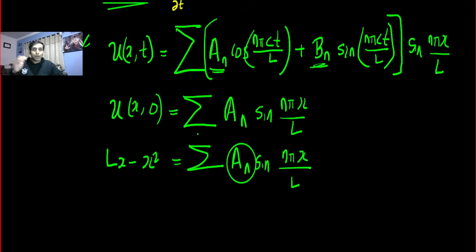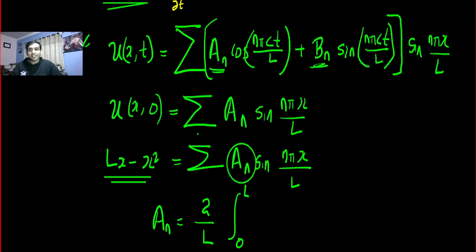In the last problem, things were so easy because the condition itself was in sine. But here, for an, you have to apply the Fourier coefficient formula: 2 divided by L, integral 0 to L, because the length of the string is L here, of the function Lx minus x squared multiplied by sin(n pi x by L).